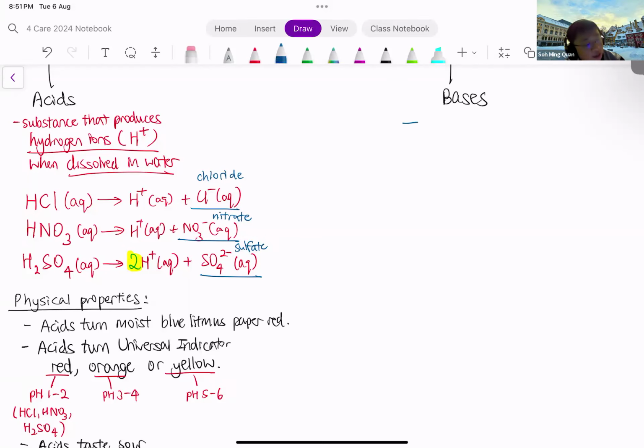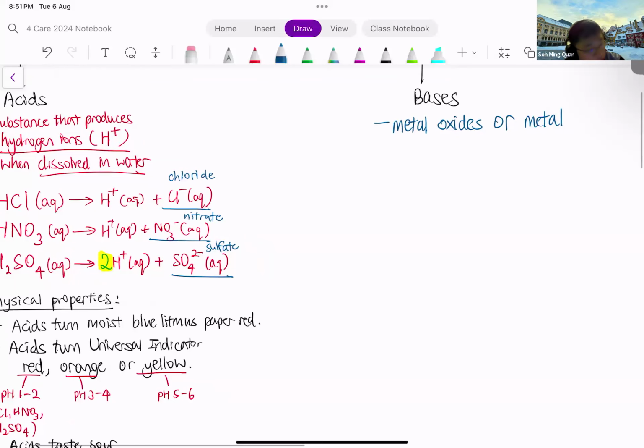Now bases might look more complicated, but in reality, bases just mean metal oxides or metal hydroxides. Meaning the name already tells you whether it's a base. If you have a metal with oxide or a metal with hydroxide, it's a base.